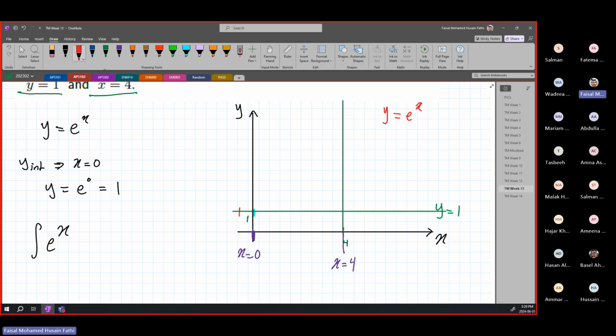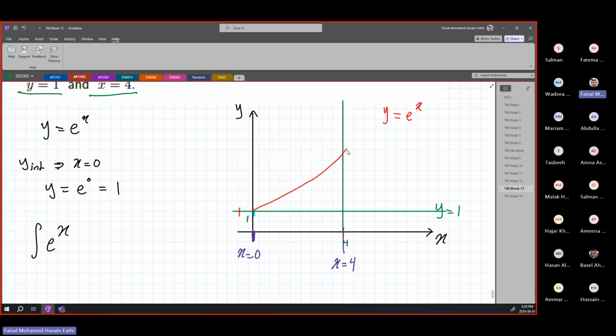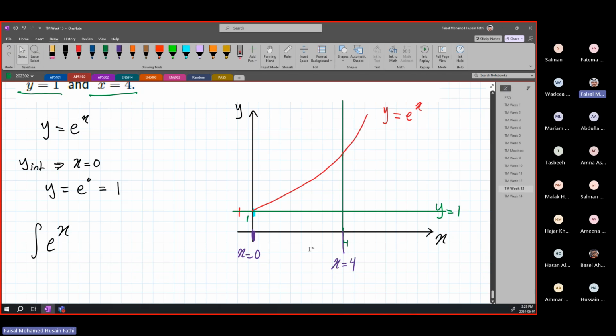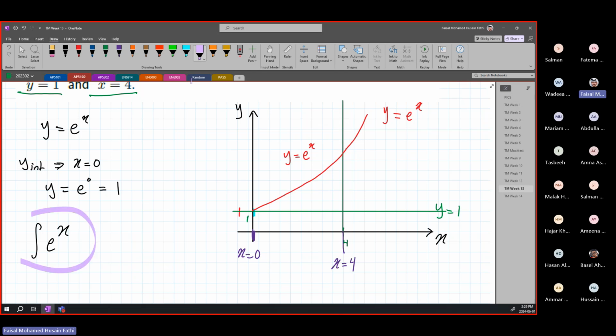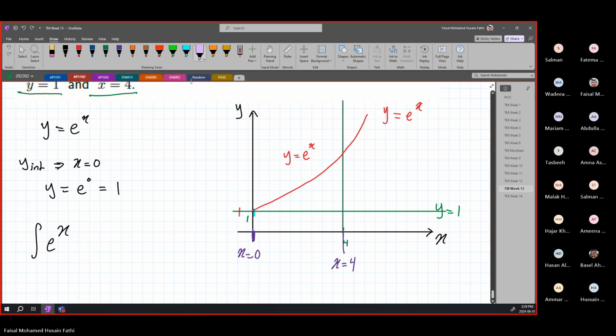And let's say our e to the power x looks like this, just so that there's more space and you can see it a bit more clearly. So this is our y equal e power x. But if we are just writing this equation over here, this is going to be this entire total area over here, right?